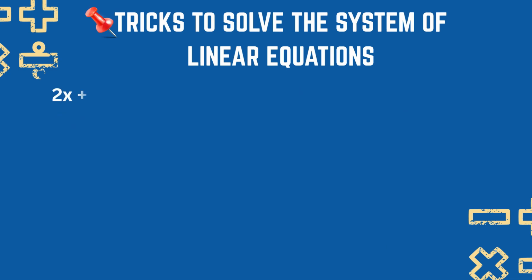Another example, 2x plus 5y is equal to 3 and 4x minus 5y is equal to 21. So first is we're going to solve for x. So this is the first one. So we're going to multiply 5 to 21 and it gives the answer of 105.